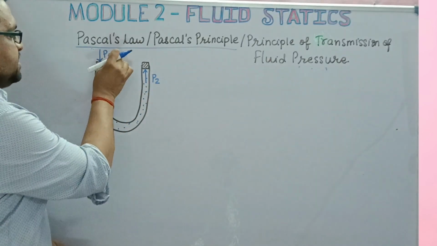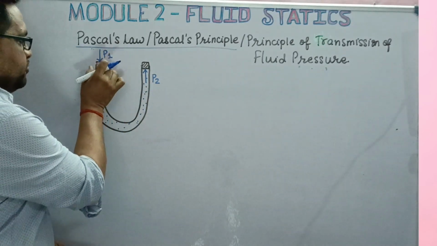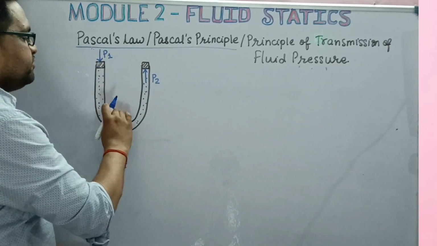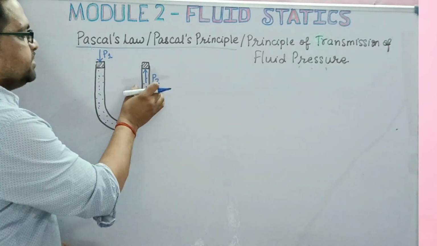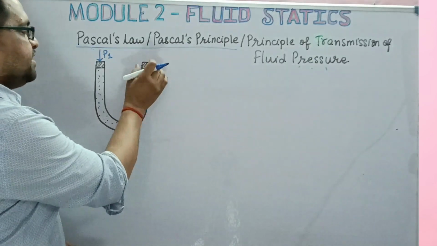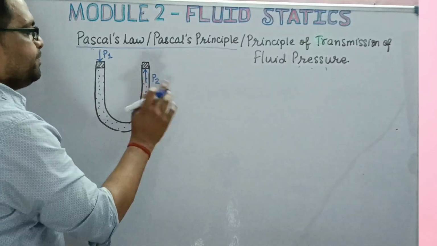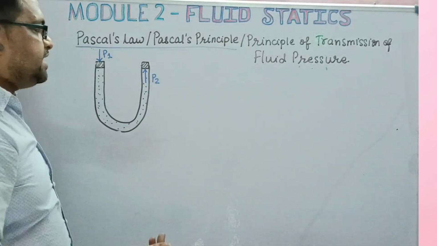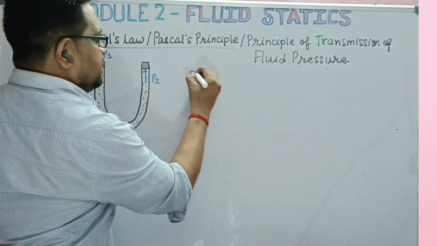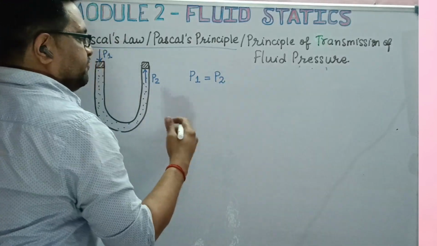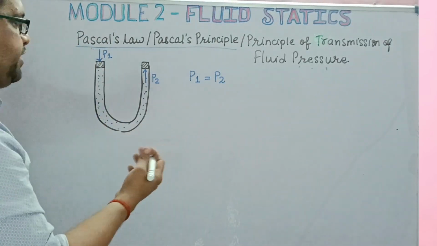So the pressure acting on the left piston will be transmitted throughout the fluid, until it reaches the next piston, which is the right piston, and the pressure acting on the right piston is said to be P2. So according to Pascal's law, we have P1 is equal to P2. So the pressure is felt equally at any other point.